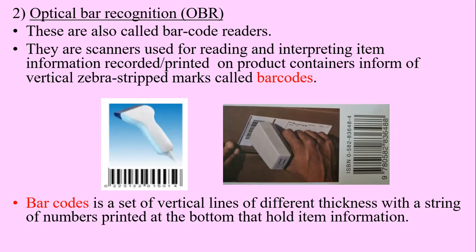This diagram illustrates the barcodes and a barcode reader. The barcode is a set of vertical lines of different thickness with a string of numbers printed at the bottom that hold item information.